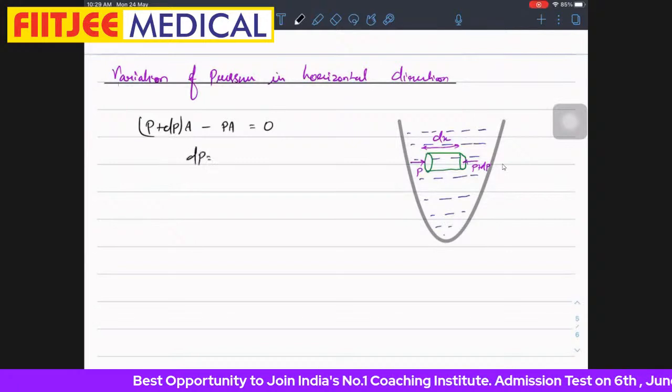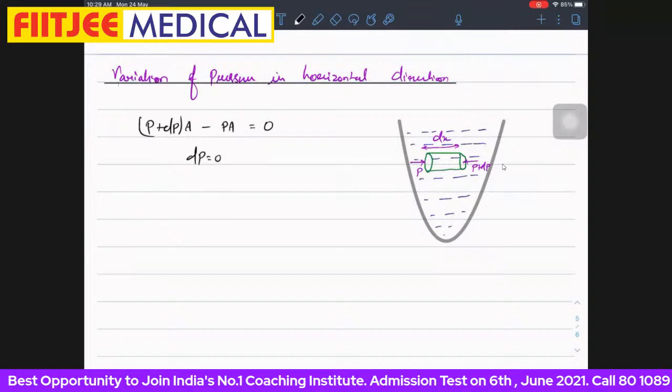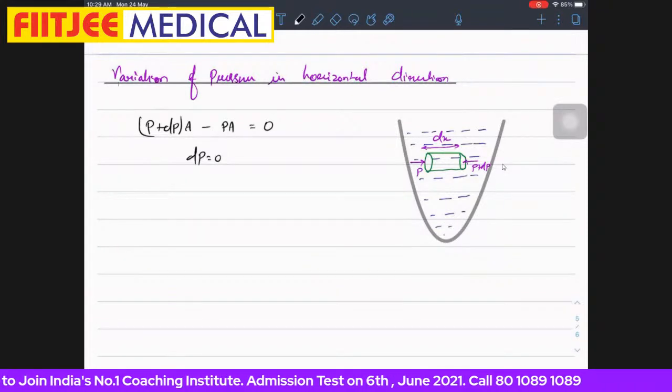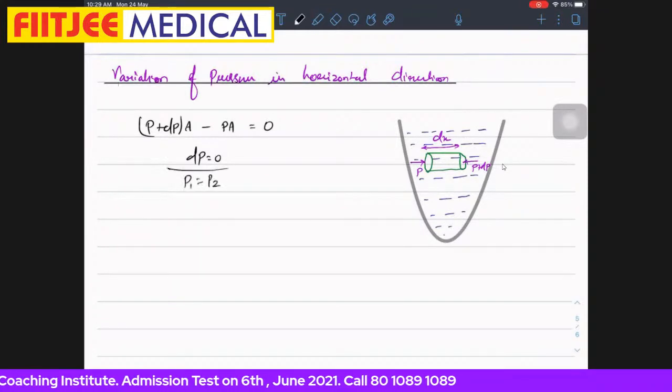So what I can write, dP should be 0, means P1 should be equals to P2.